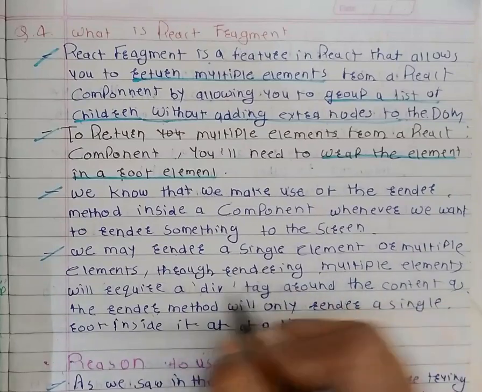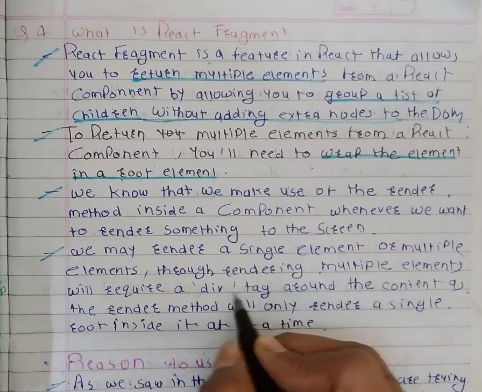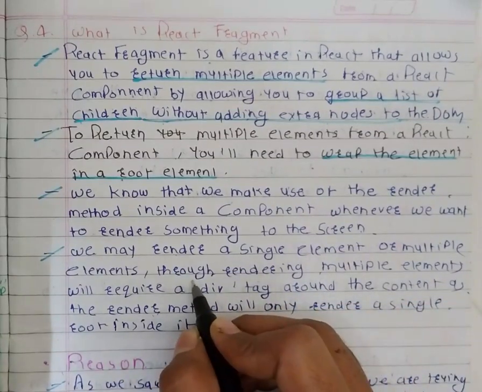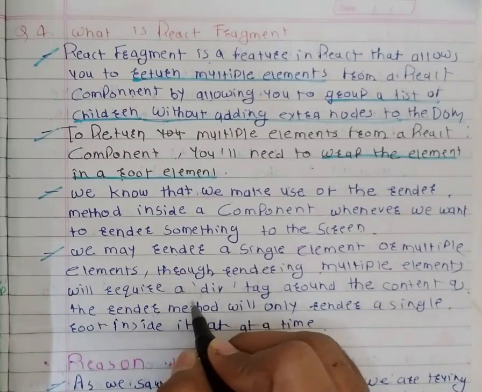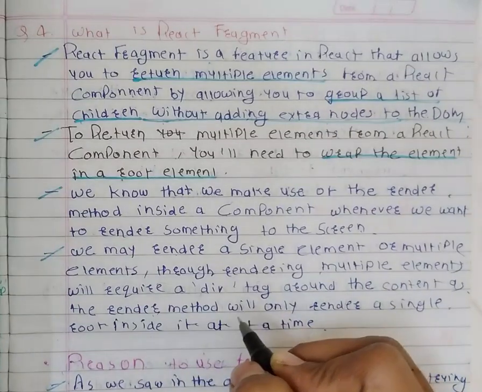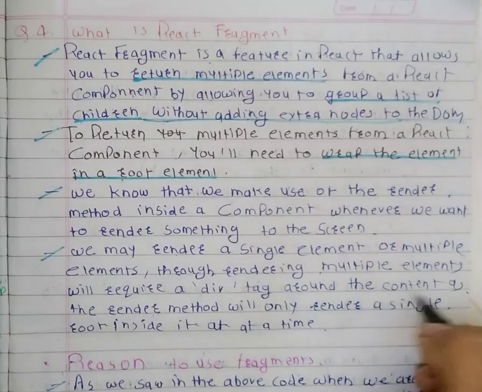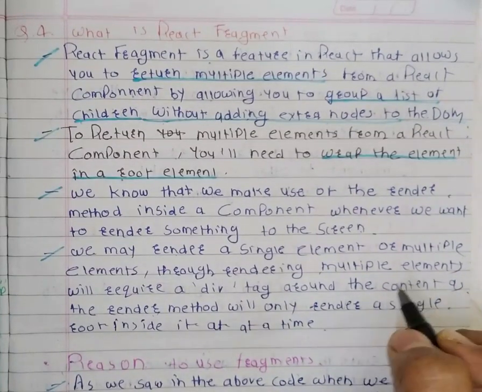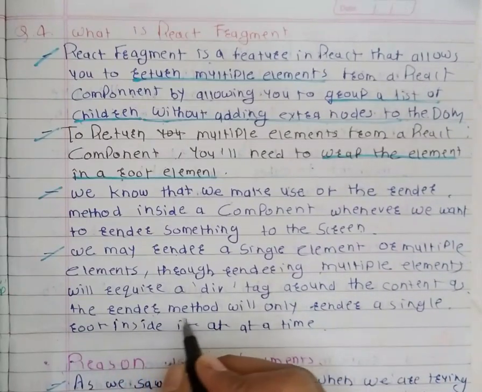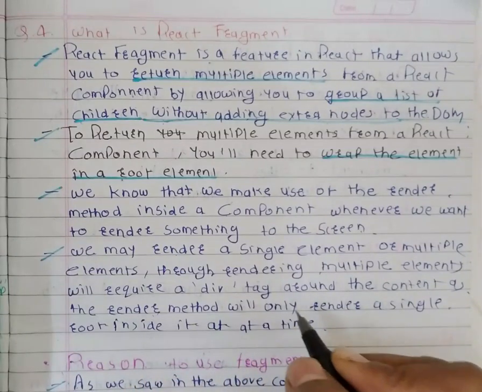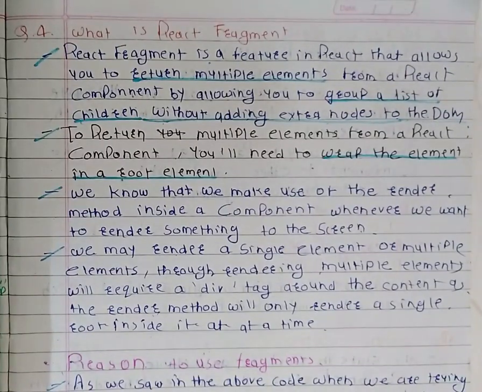Though rendering multiple elements will require a div tag around the contents, in nested form, as the render method will only render a single root at a time. So it renders one thing at a time. So for that purpose we need a React Fragment.